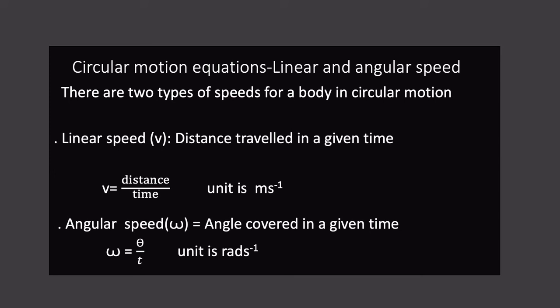So the angular speed symbol is omega. That omega is equal to theta divided by t. Look at the unit of omega given. It is radians per second, because we can express the unit of angle in degrees or in radians. So the convenient unit is radians. That's why we are using radians per second as a unit of angular speed.